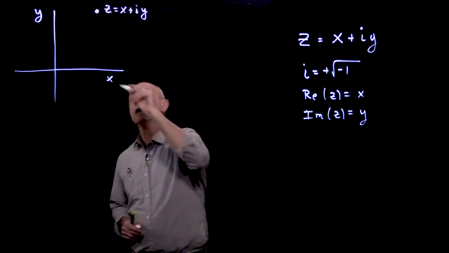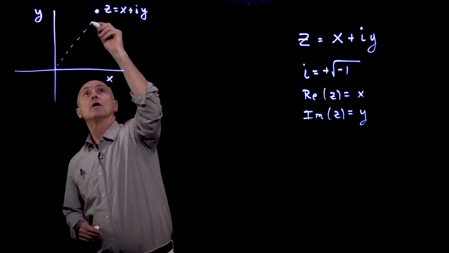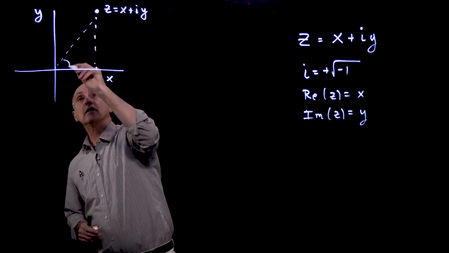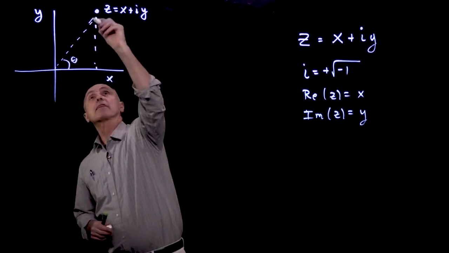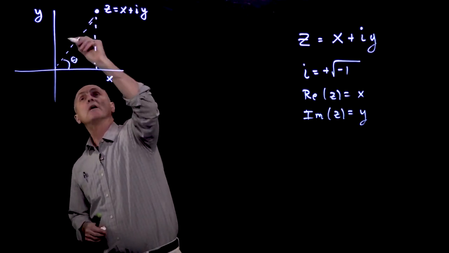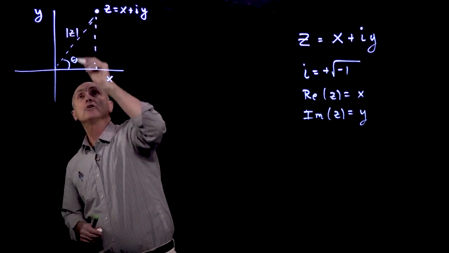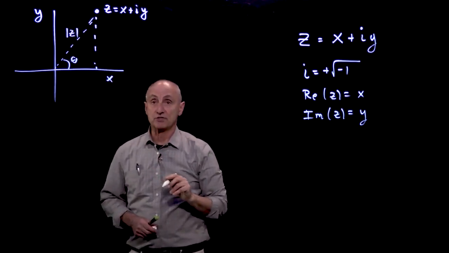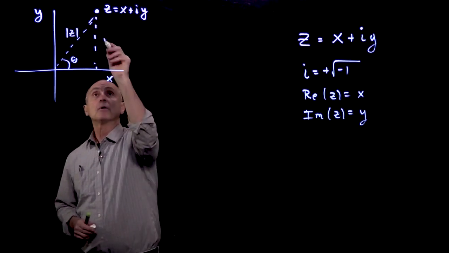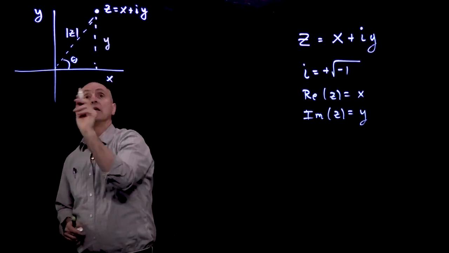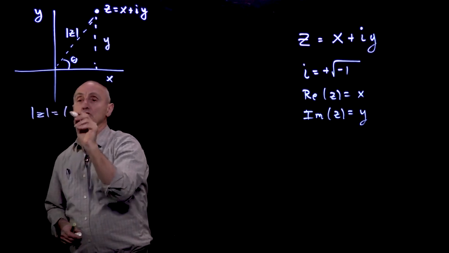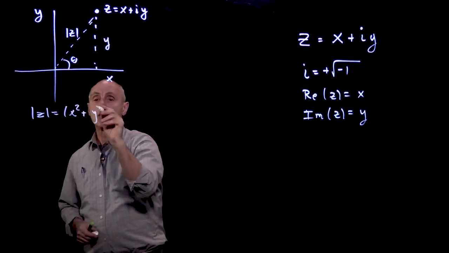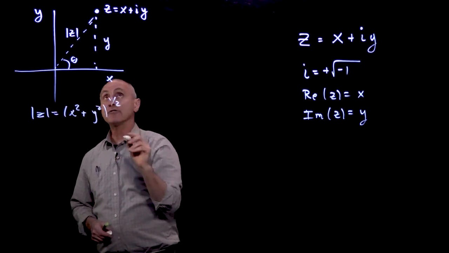Now, we'll draw an angle theta in the complex plane, and the length of this line here is what we're going to refer to as the modulus of z. Now, when we have x and y in here, you can see that the length of that line should be (x squared plus y squared) to the 1/2.